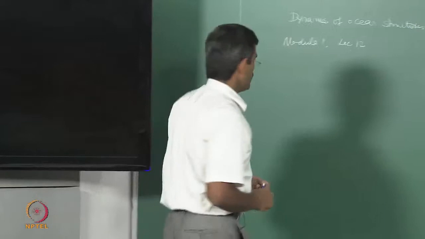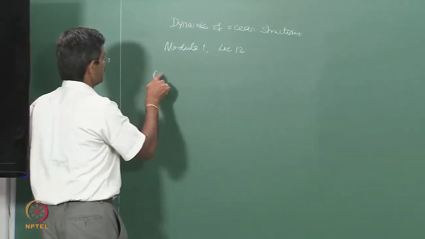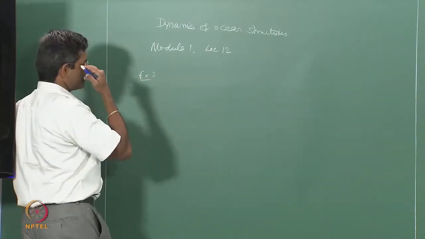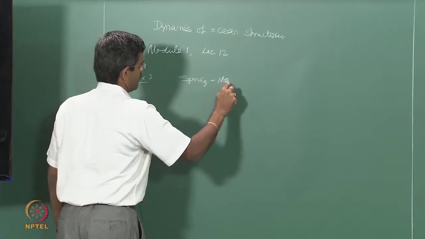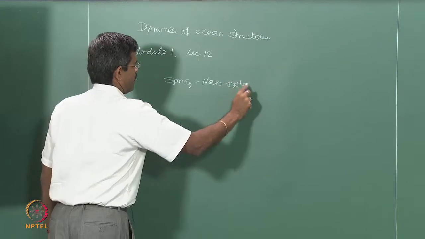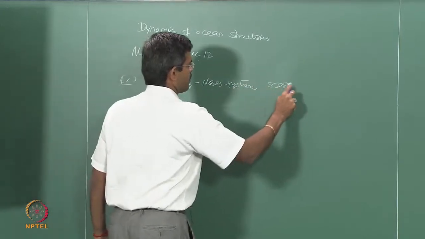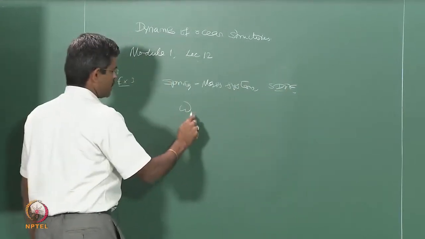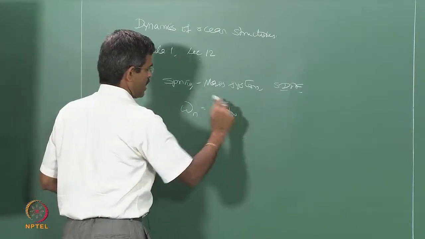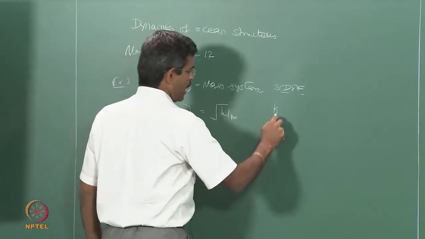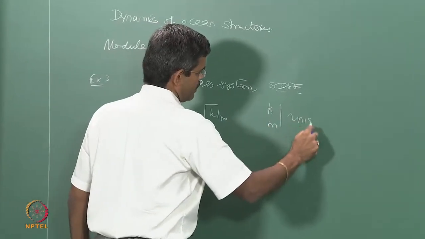So, we have seen two examples, we will see example 3 now. Let us say in a simple spring mass system, if it is a single degree freedom system model, we can easily find the natural frequency of the system using this expression, which is k by m. It means k and m should be uniquely defined.